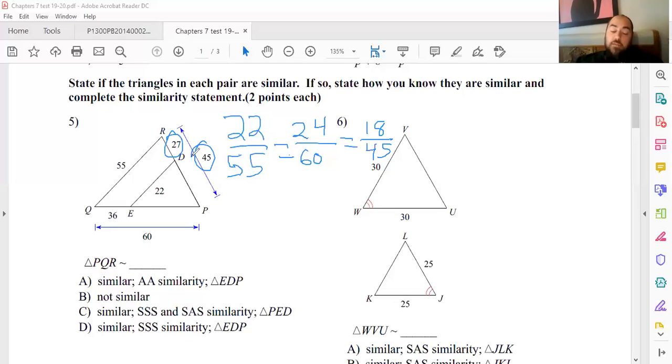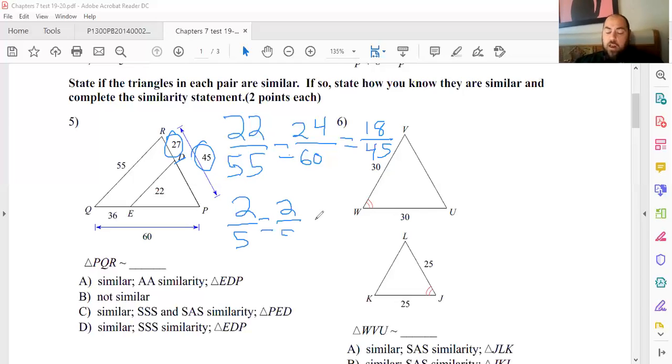Because we know that if the whole length is 45 and this little portion right there is 27, then from P to D is going to be 45 minus 27. So we then reduce them. 22 divided by 55, we can pull an 11 out, and we get 2 over 5, looking good. 24 over 60, we can pull a 12 out, and we get 2 over 5.